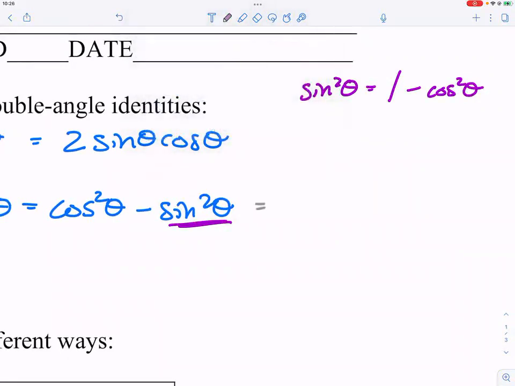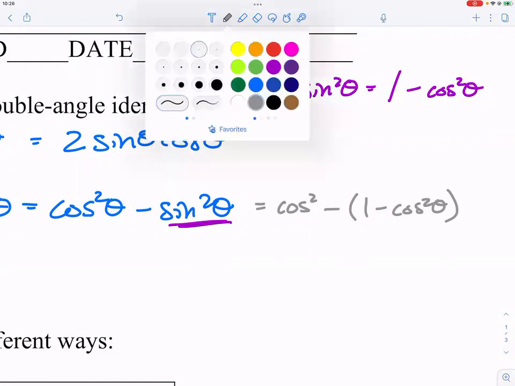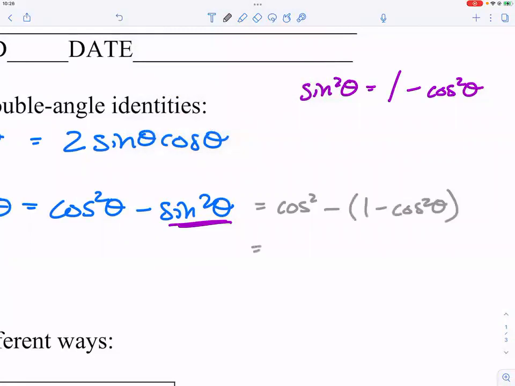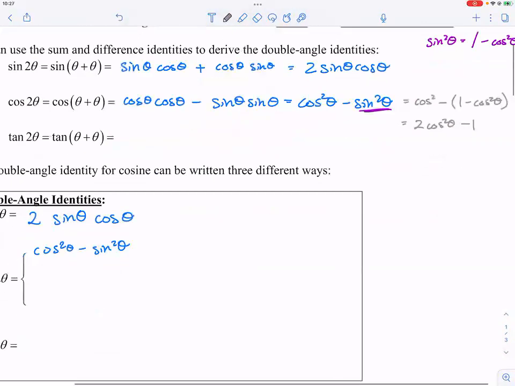So to extend this, we can also write it as substitution. And you have a -1, and then you have a minus negative cosine square theta. That gives you 2 cosine square theta minus 1. So that would be the second version: 2 cosine square theta minus 1.